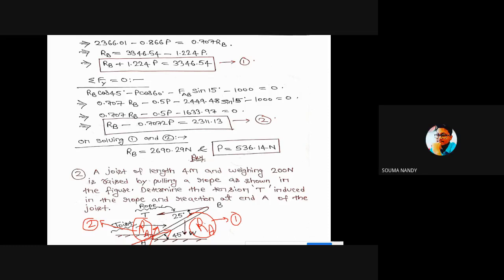So I think the second one. The second one is correct; the first one is incorrect. Why? If you take the reaction along the joist, if this is the direction of reaction RA, fine.